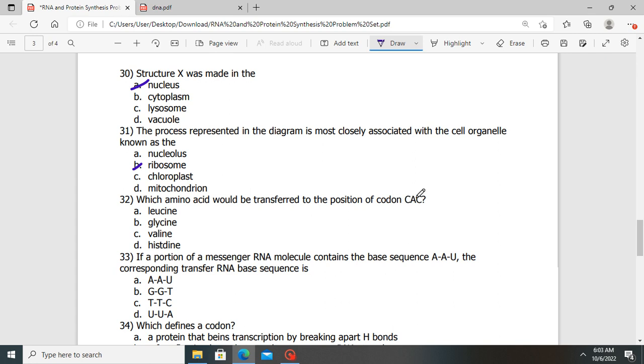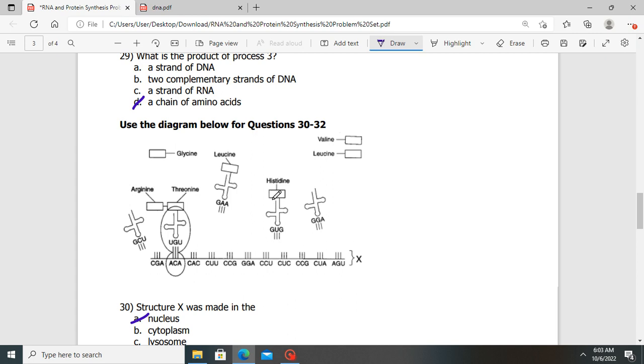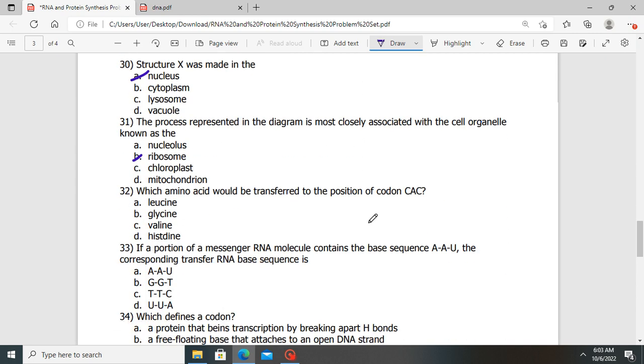So codon CAC will have an anticodon, G, U, G. Which amino acid carries that anticodon? Histidine will bond to position CAC. So the answer for 32 is D.